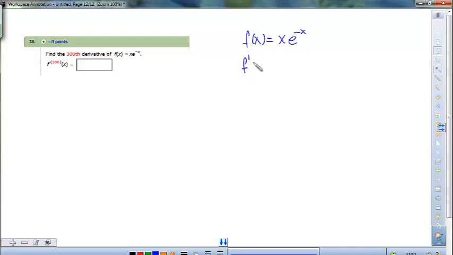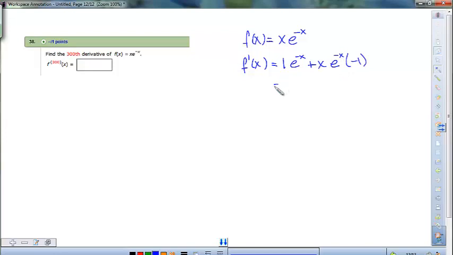So let's try the first derivative, and again, I often say that you don't need to simplify, but since we're finding patterns for derivatives and multiple derivatives, simplifying might be a good thing to do. So, derivative of the first times the second, plus the first times the derivative of the second. E to the negative x times chain rule, derivative of the power, which is negative 1.